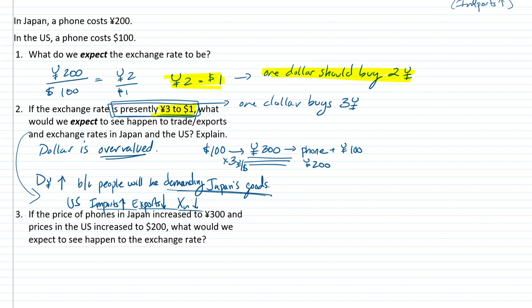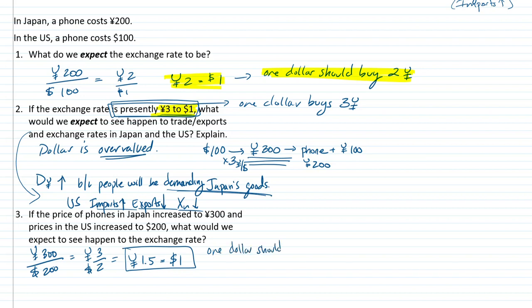And the last part here is just a continuation of the same thing. If we get to 300 yen and $200 as phones, we can do the same thing. 300 yen divided by $200 means that the exchange rate should be 3 to 2. What we could really say is that 1.5 yen should equal $1, or $1 should buy 1.5 yen.